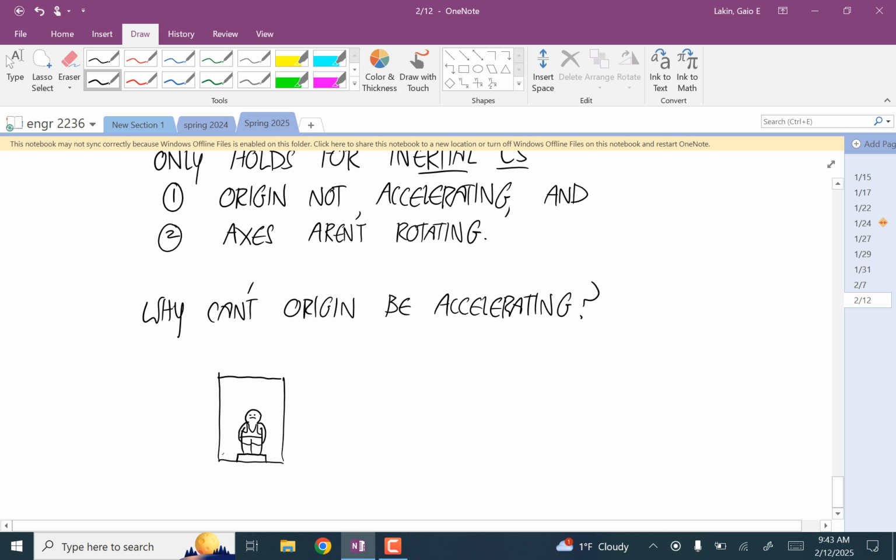And let's say that this elevator is accelerating up. And our coordinate system is a camera that's fixed in the elevator that's measuring the person's motion. Okay, so this camera is our coordinate system.